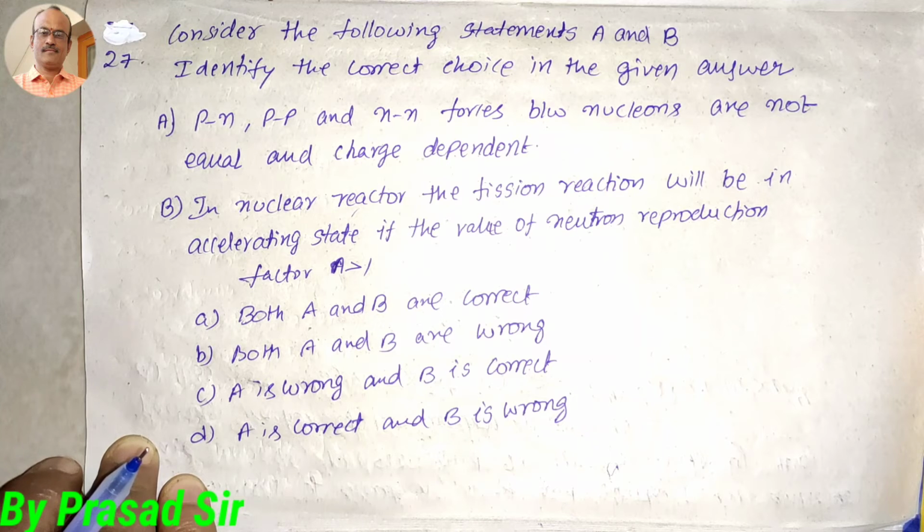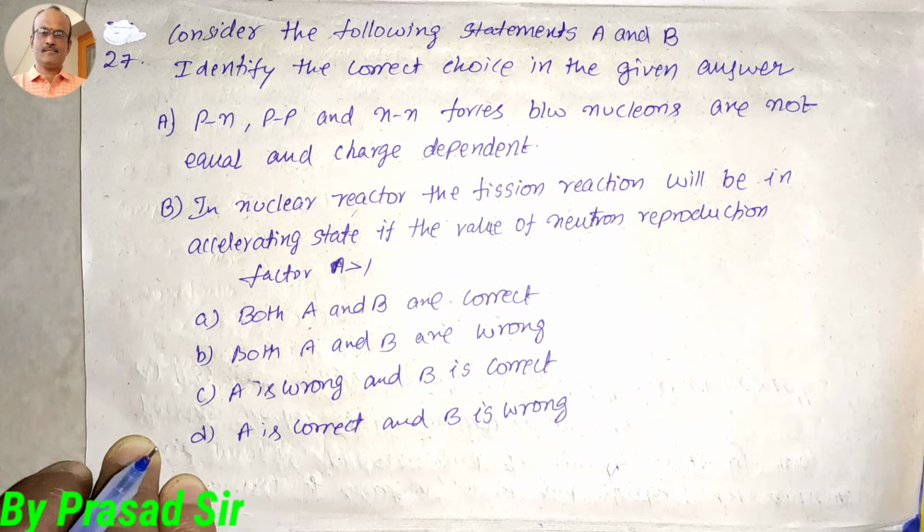Now the question number 27. Consider the following statements A and B. Identify the correct choice in the given answer. A. P and N, P and P, and N and N forces between nucleons are not equal and charge dependent. So P is proton, N is neutron.